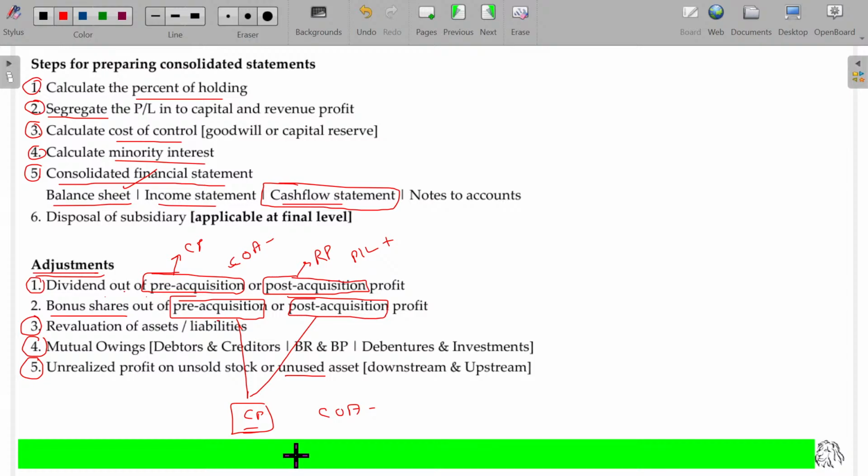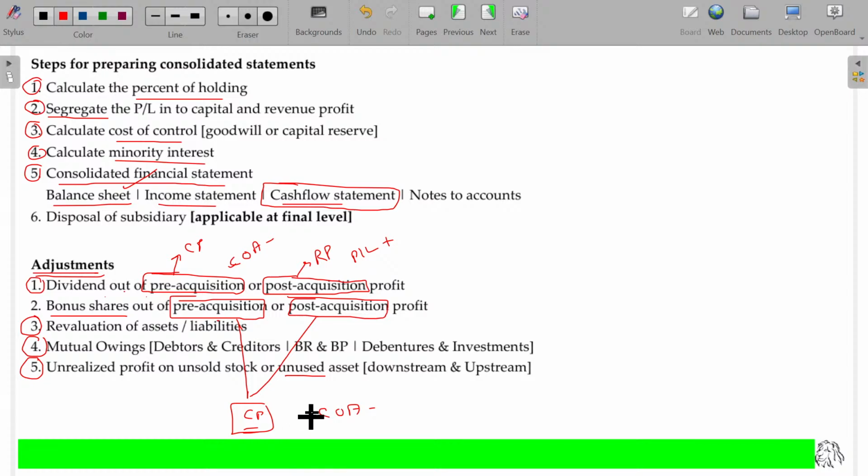So that will have an impact on the goodwill or capital reserve calculation. But in case of dividend, it will not work, whether you give it or not. Whether it is given or not given doesn't matter. The cost of control remains unaffected. If it is given, it may be subtracted from the cost of acquisition. If it is not given, it is also subtracted from the cost of acquisition only.